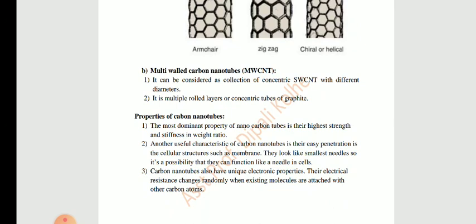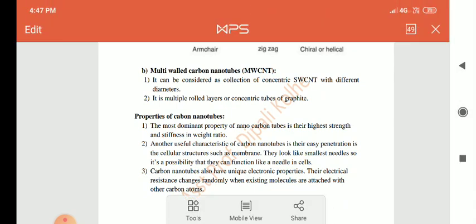They look like the smallest needle, so there is a possibility that they can function like a needle in cells. Carbon nanotubes also have unique electronic properties. Their electrical resistance changes when existing molecules are attached to the carbon atoms. So this is all about carbon nanotubes with their classification, types and properties. So I stop here. Thank you.